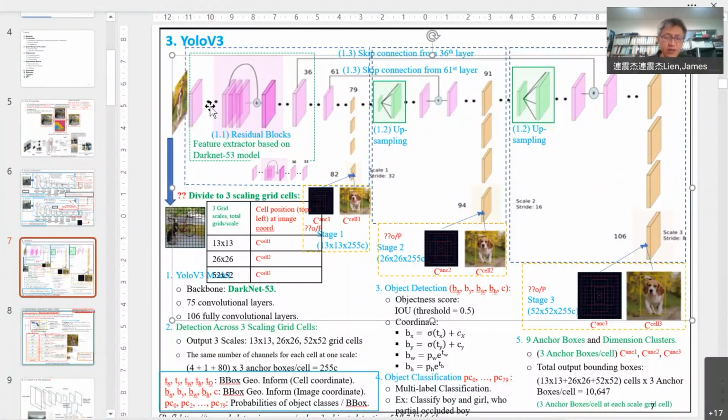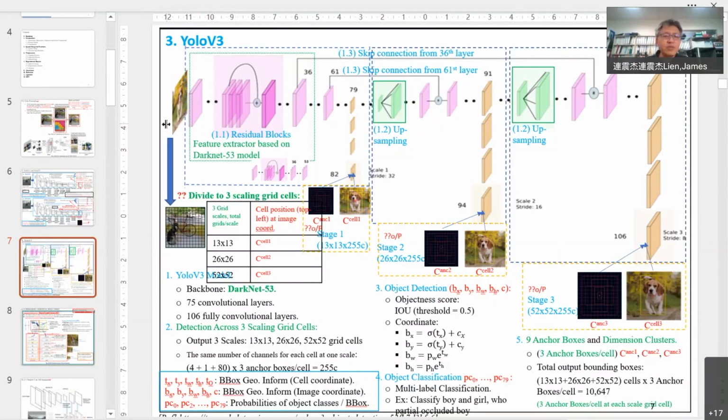YOLO V3. Okay, the idea is from RetinaNet because they have an upsampling. YOLO V1, V2, they don't have upsampling. YOLO V3, they have an upsampling. Let's check.